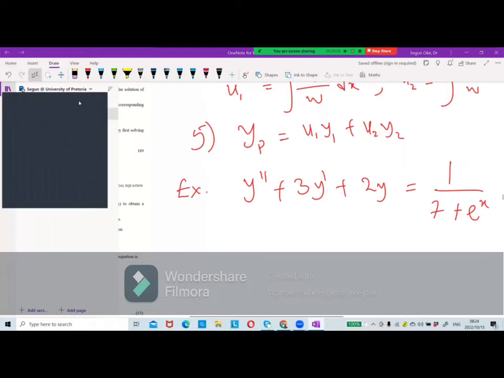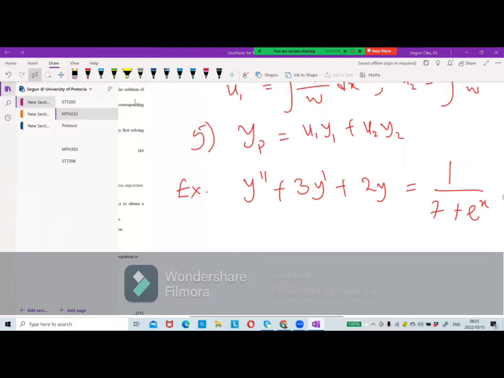So in this case now, how do I know that I need to use this method? When you have a second derivative.